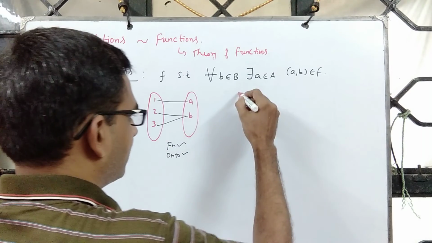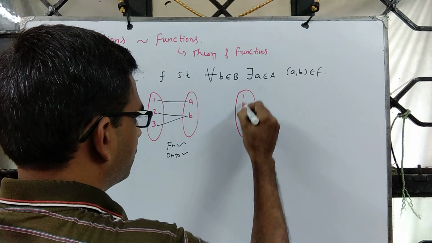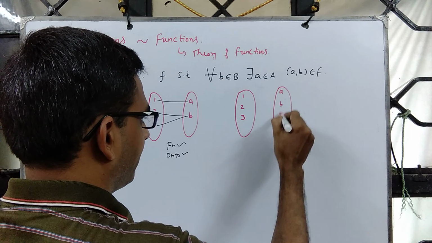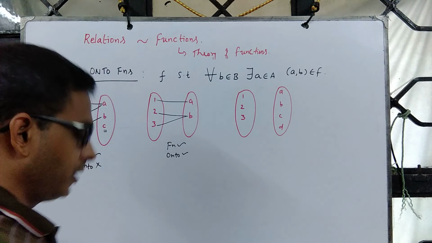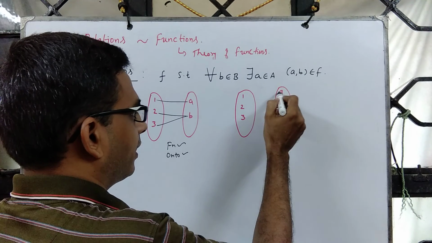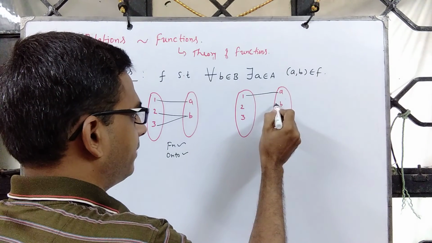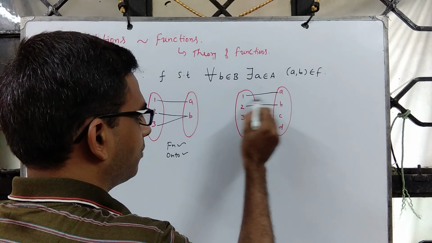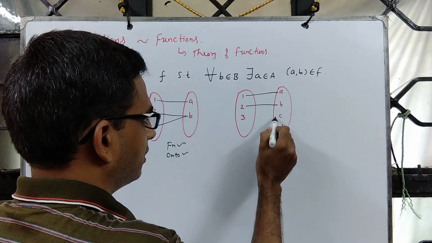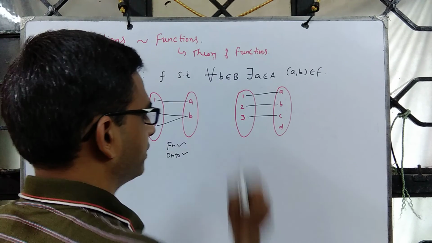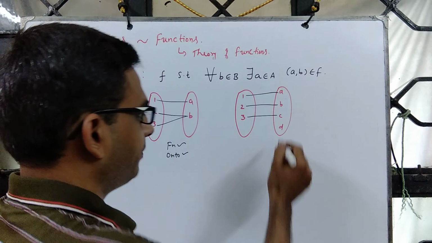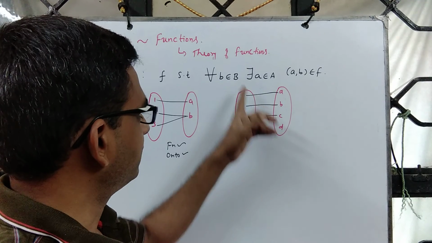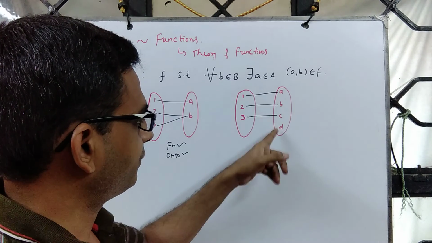So let's consider this. Suppose you have 1, 2, 3. On this side you have A, B, C, D. Since there should be a preimage for each of them and it's a function, I cannot map both A and B to this. So let me do this. Now where do we map D? Because the definition says there should be a preimage for each of them.